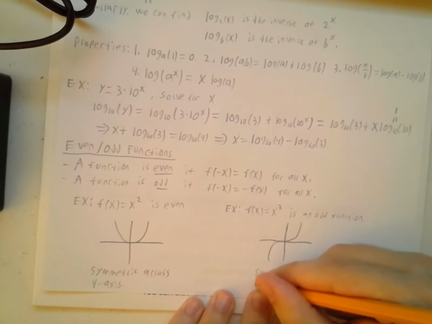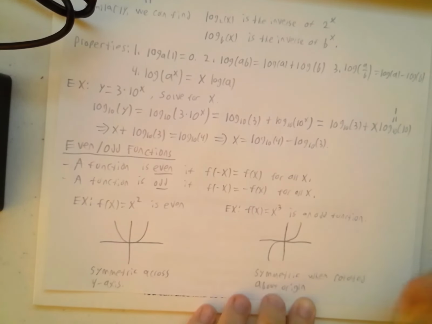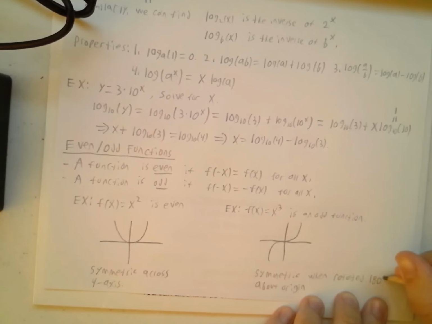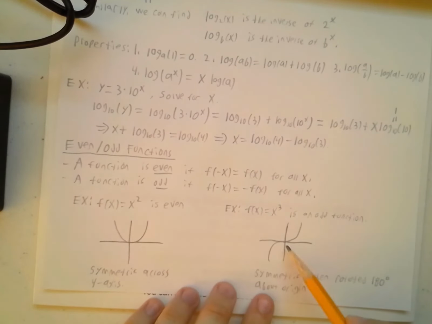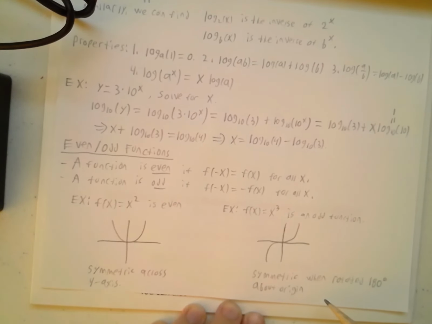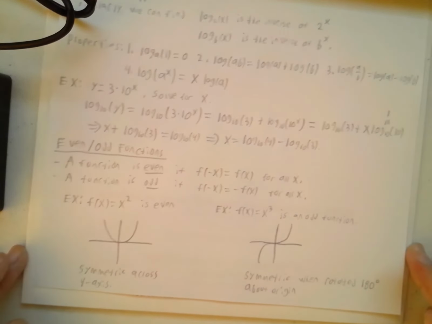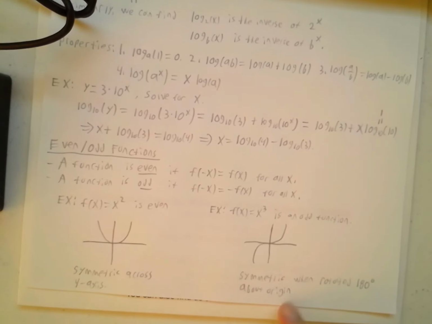Rotated 180 degrees. So if we take this thing and we just rotate it around like that, then we'll get back the same graph. So that's what this means. And that's a key property that you'll see with odd functions. So some functions are neither odd nor even, but if you do have an even or an odd function, it has these nice symmetry properties, and we'll see that that can be useful in some problems later in the class.